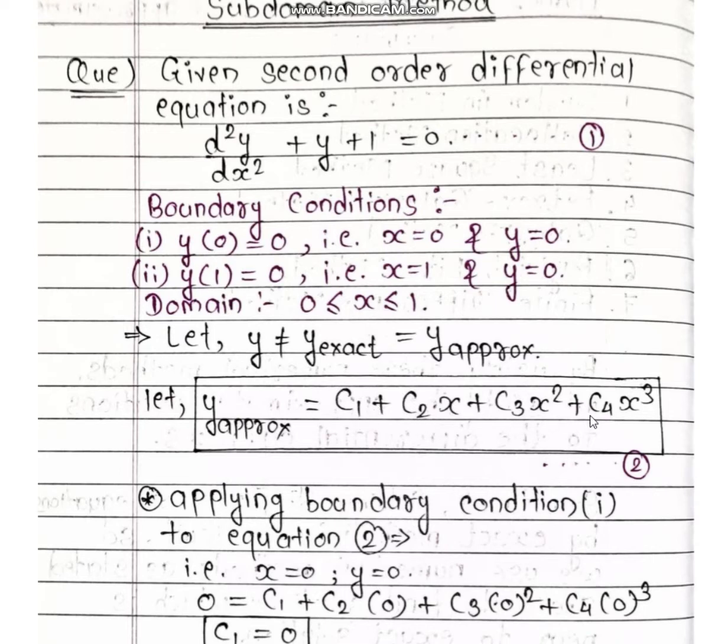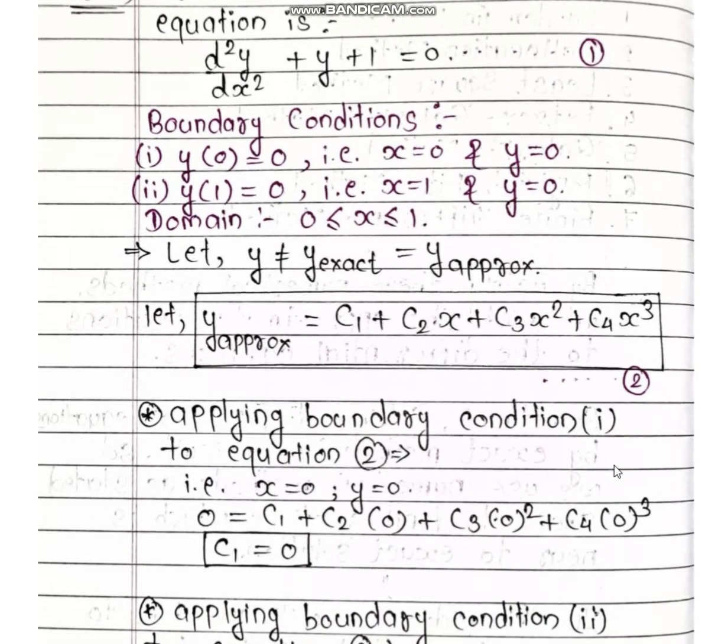For a second order differential equation we have to take four constants, and then we write x and increase the power of x. Here c1 into x to the power 0 means c1. So we have written c1 plus c2 x to the power 1 plus c3 x to the power 2 plus c4 into x to the power 3. This is our assumed polynomial for solving the differential equation, and we will rename it as equation number 2.